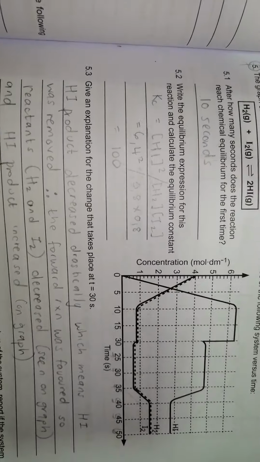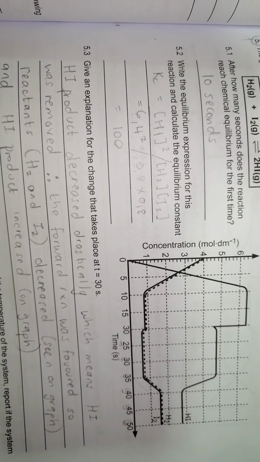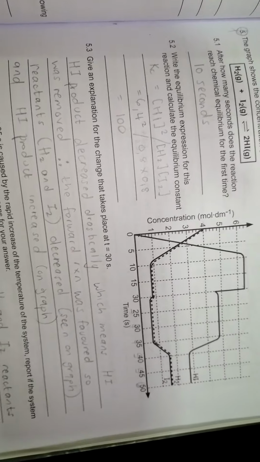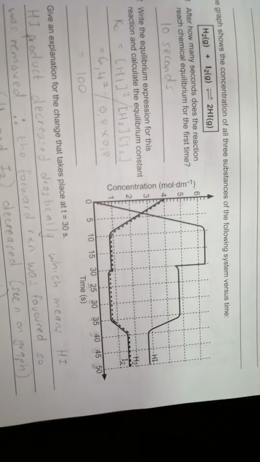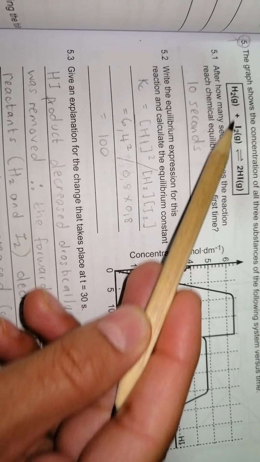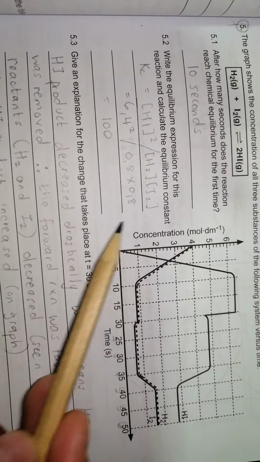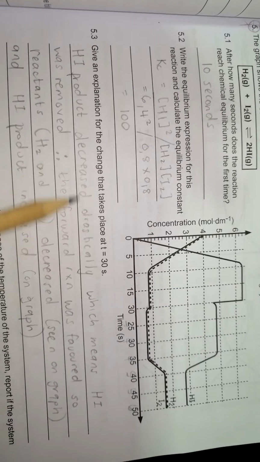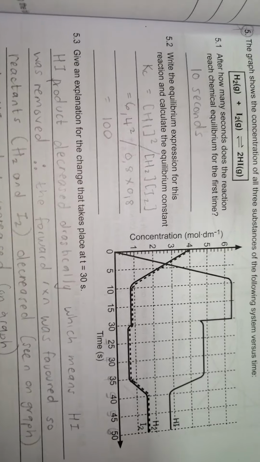Right, 5.2, write the equilibrium expression for this reaction and calculate the equilibrium constant. Remember, Kc is equal to the concentration of products over the concentration of reactants. So it's going to be [HI] squared divided by [H2] times [I2]. And remember, every time you write concentration, you put square brackets.